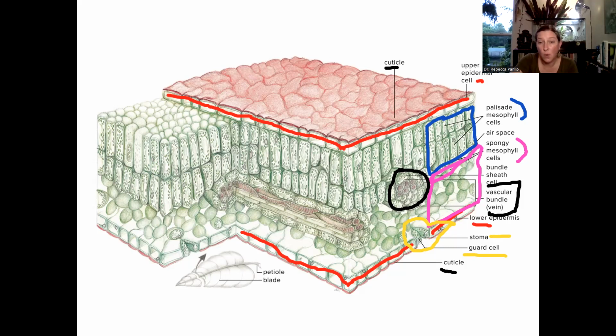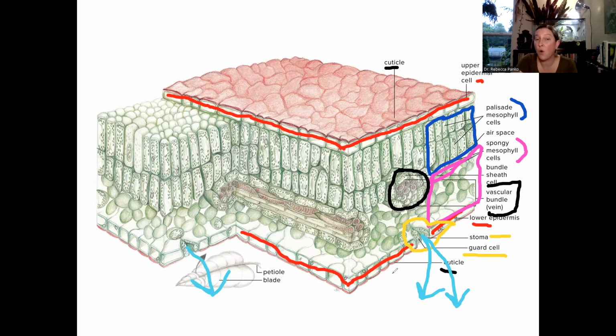Stoma means a hole. And this hole at the bottom of the leaf is where the water vapor, remember we learned about transpiration right at the beginning of the class today, about water vapor leaving the leaves. The water vapor is going to leave the leaves through these little holes. Look, here's another one here. Water vapor can leave through those little holes.